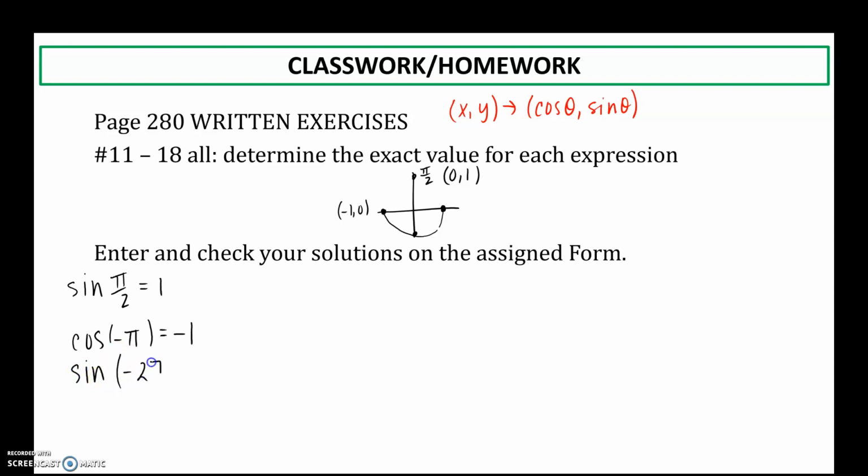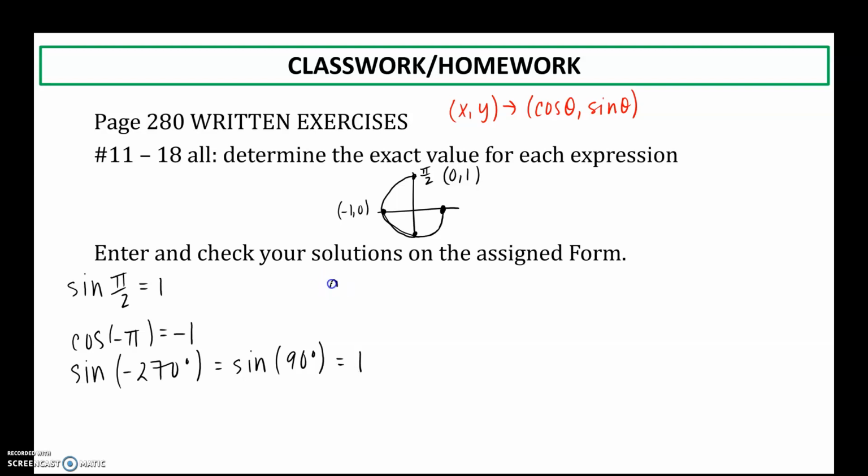Sine of negative 270 degrees. Okay, so from start, I rotate negative 270 degrees. Negative 90, negative 180, negative 270. So this is at the same spot as 90 degrees. Sine is my y-coordinate. Up at pi over 2, we already answered this one. The sine of 90 degrees would be positive 1.